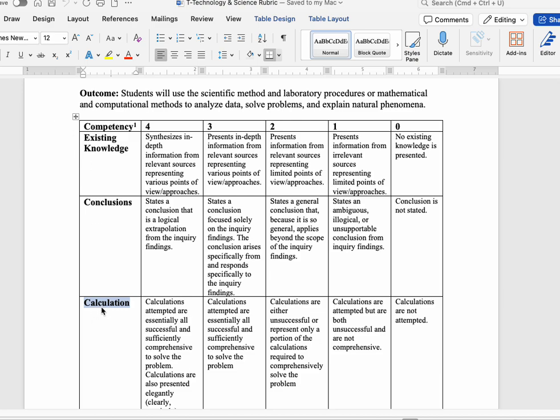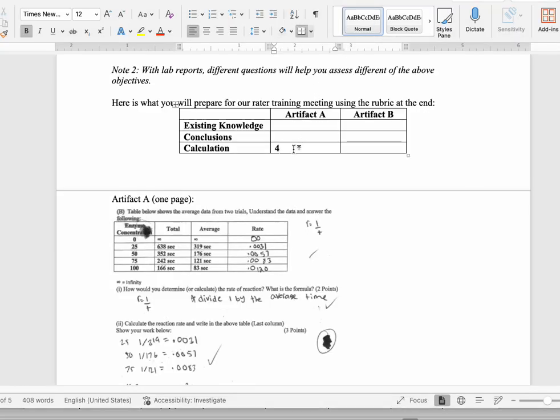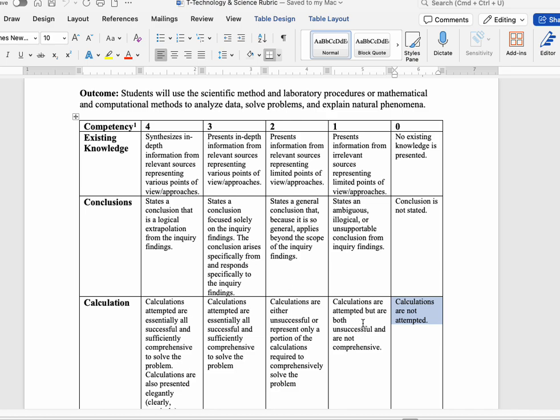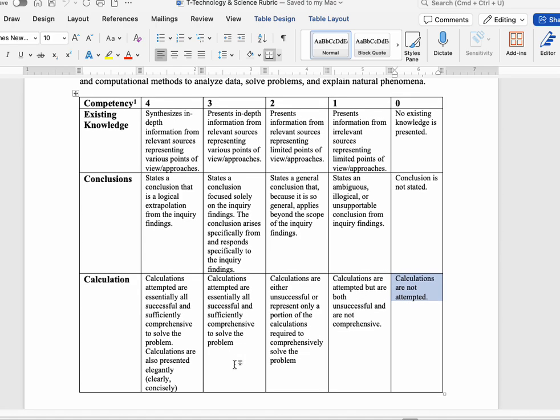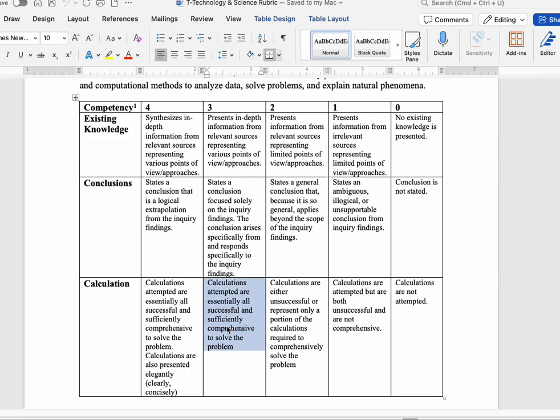So down here we're looking at calculation. If they did not attempt a calculation, they would have received 0. So then I would have put a 0 here, but they did attempt it, so they went beyond a 0. And I can go all the way up to calculations attempted are essentially all successfully and sufficiently comprehensive to solve the problem. And that happened.